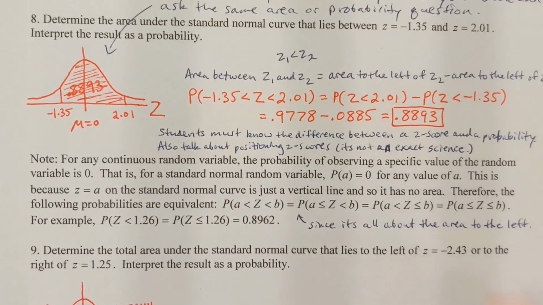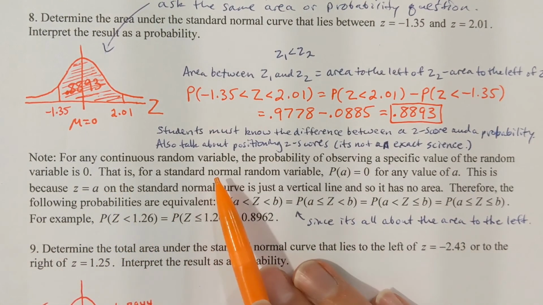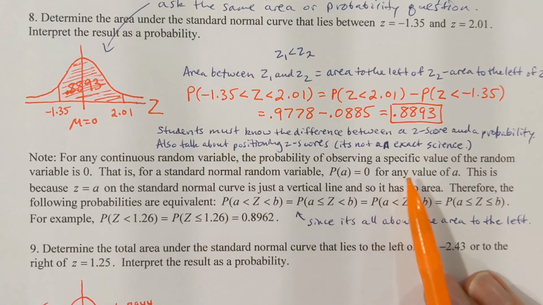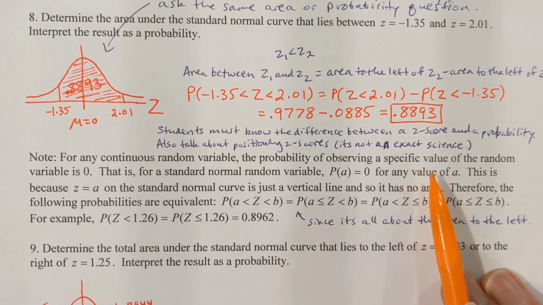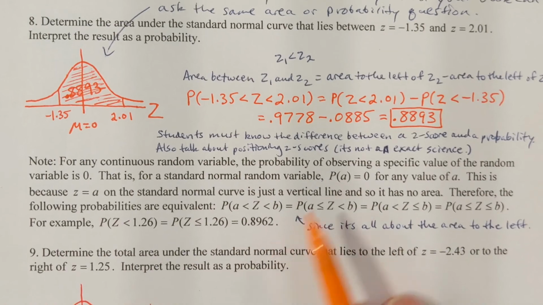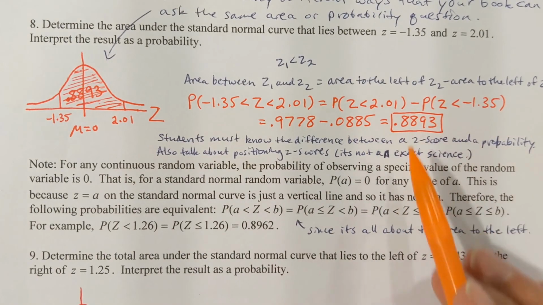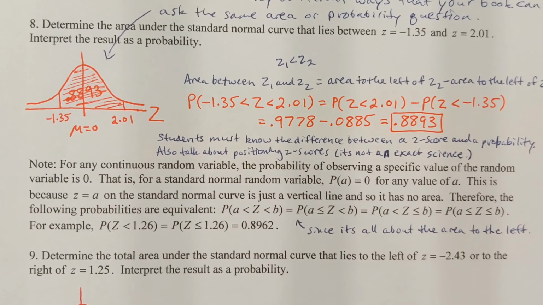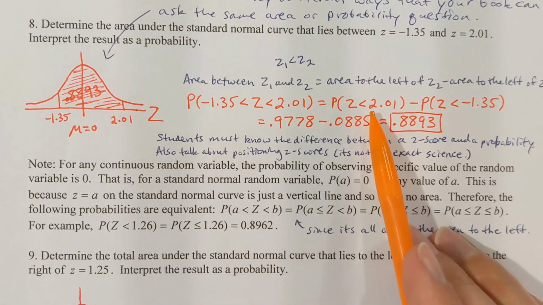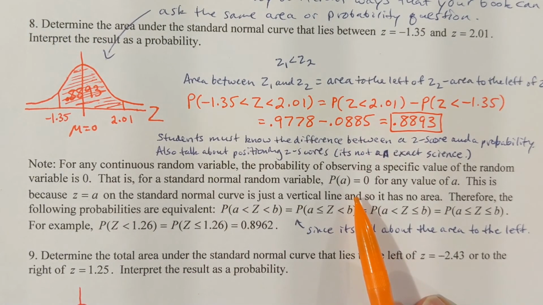There's another note below. It says, for a continuous random variable, the probability of observing a specific value of the random variable is 0. Notice how in these problems, I am using less than signs or greater than signs. That is a necessary thing in the notation. I wouldn't want to just say probability of 2.01.